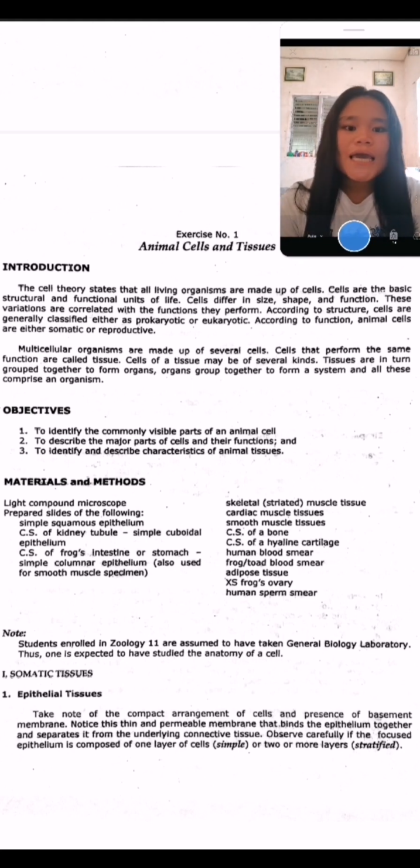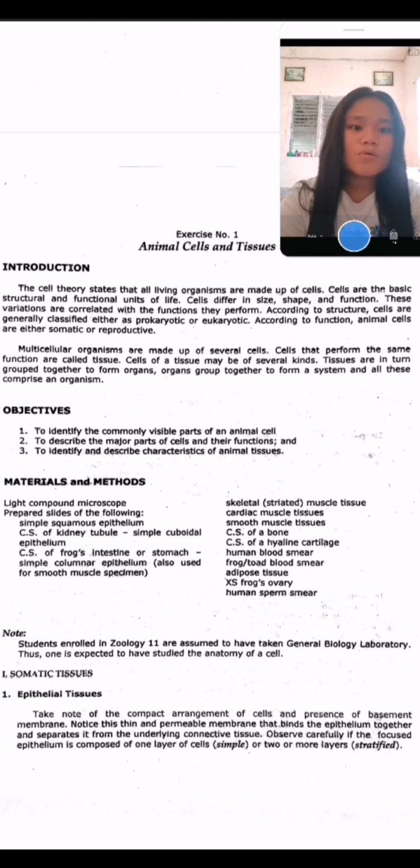And number three is to identify and describe characteristics of animal tissues.